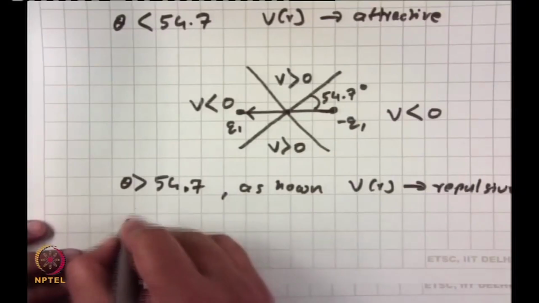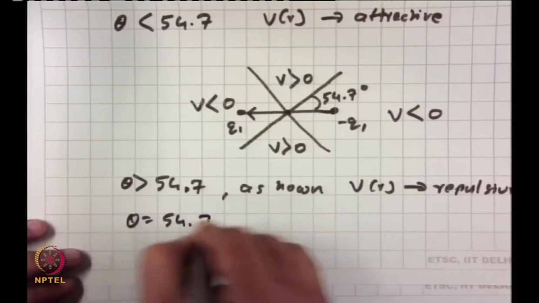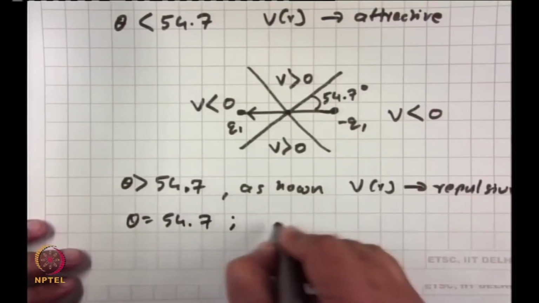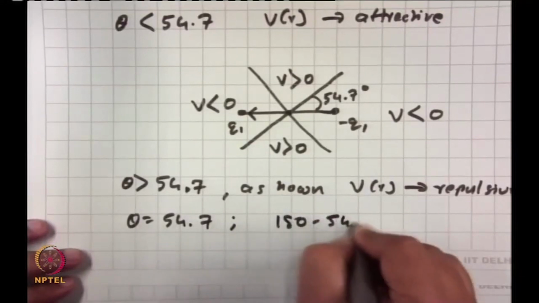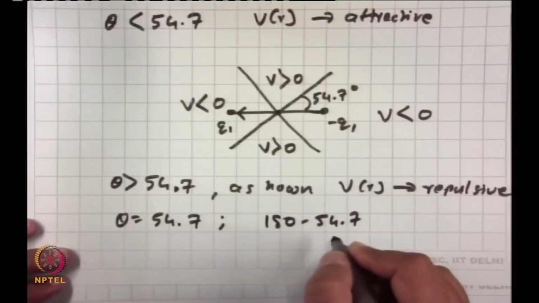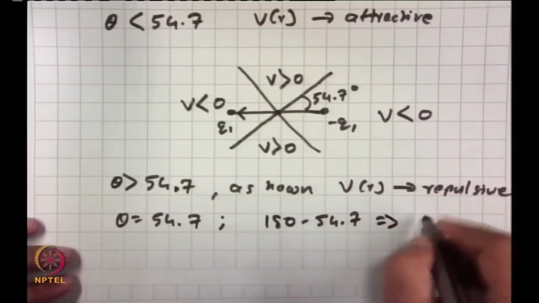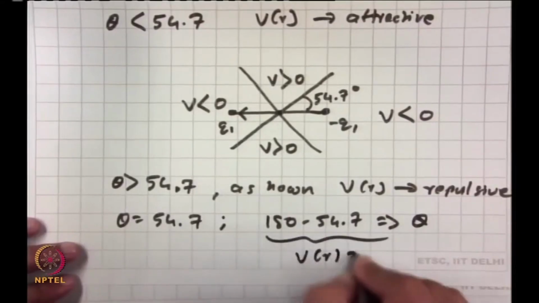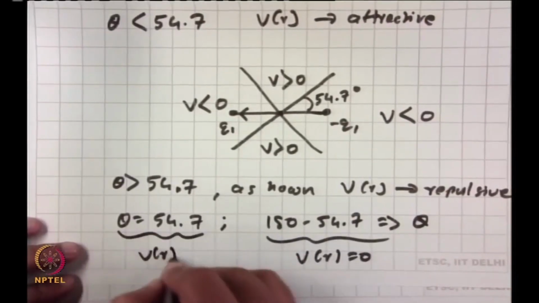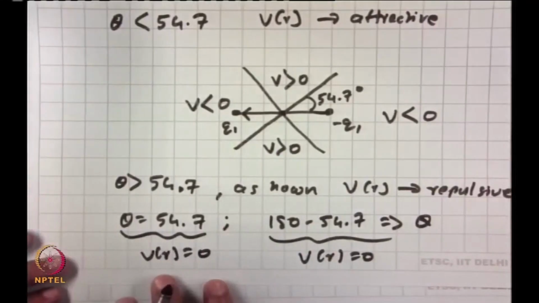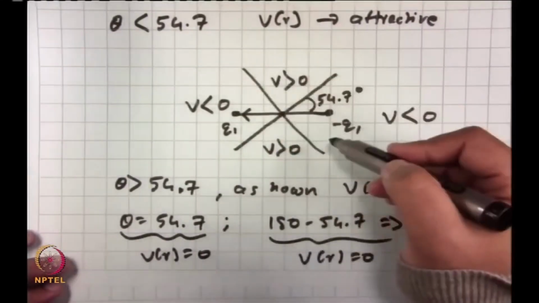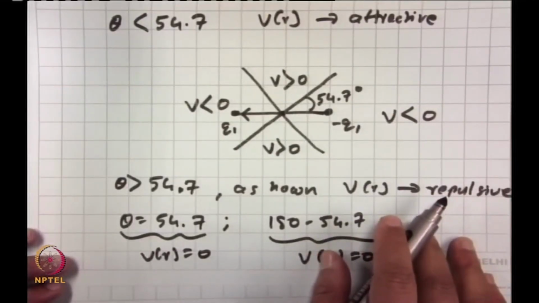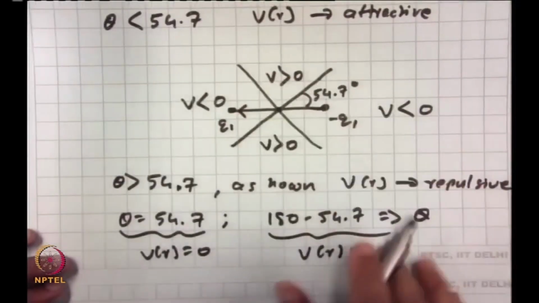One is theta equal to 54.7, what is the other angle? 180 minus this. So the other one is at 180 minus 54.7. This is another case where if this is your theta, here again V of R is equal to 0. So essentially this line and this line are your lines of 0 interaction, that you can understand now.